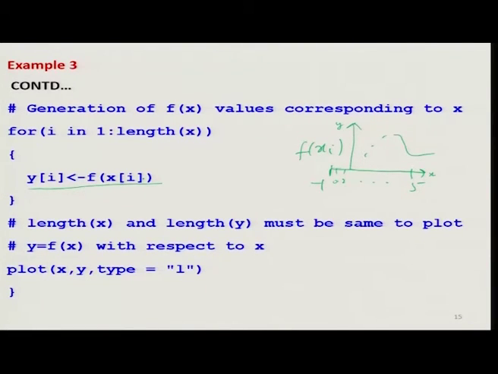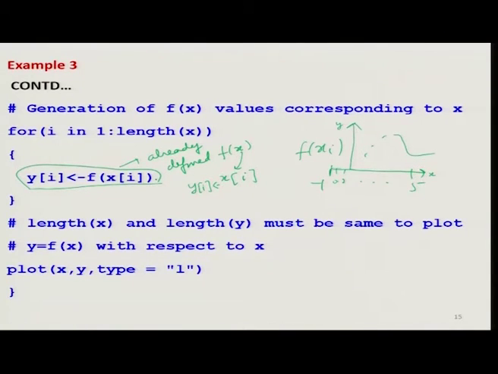You can see that we already had defined f of x. Now this x is going to be replaced by x of i, and this value is going to be stored in yi. So, this is what is happening here.